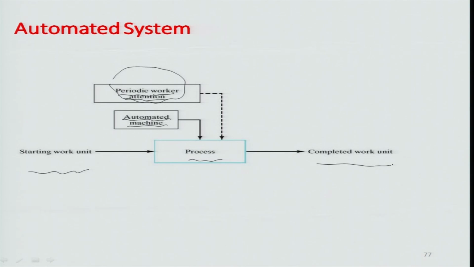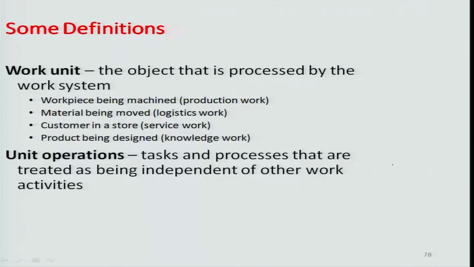So while we classify things into manual, worker-machine and automated systems, there are certain definitions which are useful, which we could refer to when we try to gauge some of these systems. The first definition is the work unit, which is the object that is processed by the work system.